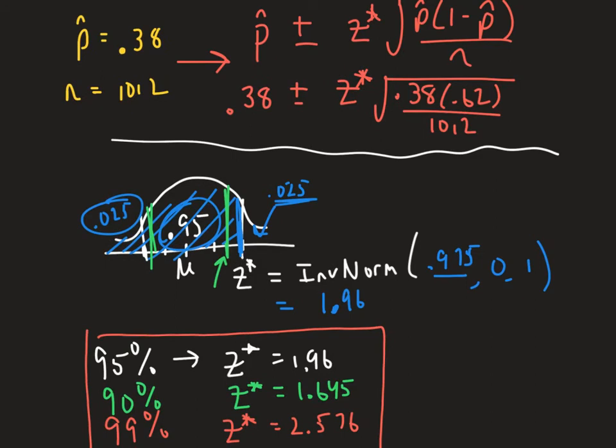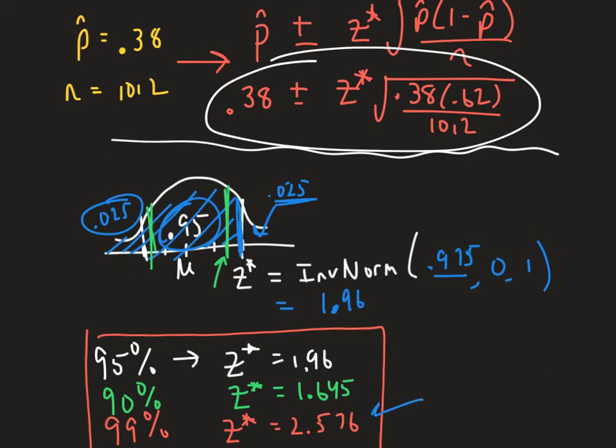Okay, so let's go ahead and finish this problem. Let's just do the calculation. I'm just going to go back and do this right here, put everything together. And it's basically just going to turn into a calculator problem. For any different confidence level, you would just use a different z-star value.